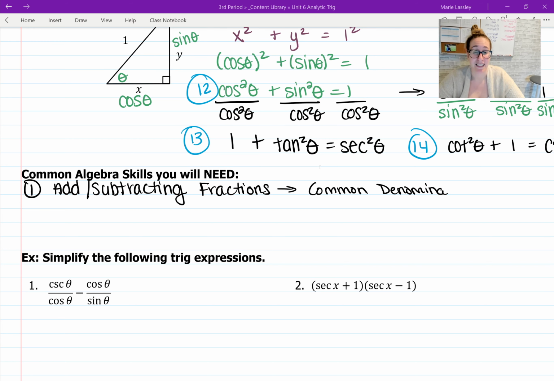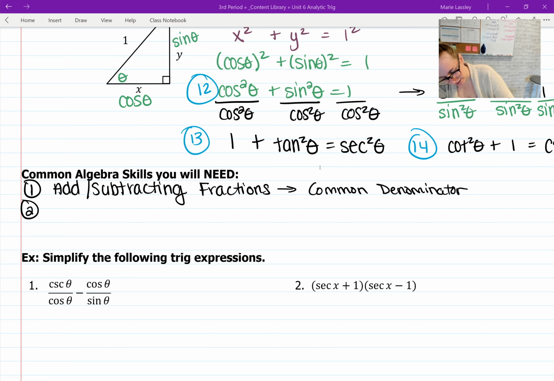All right, that is skill number 1. And if you look at our examples down there, very first problem, number 1, you need to be able to make a common denominator.